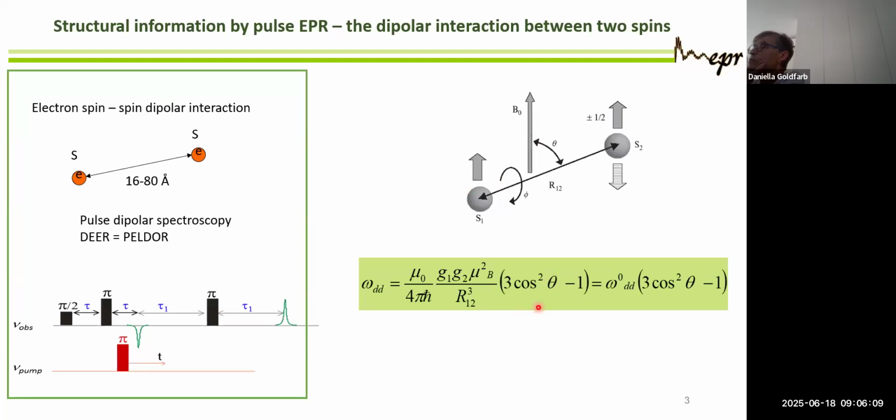Normally, if we work in frozen solution, all theta angles are possible. We know how to deal with it, and you can extract the distance. This has been very useful, and I think it gave EPR a lot of publicity in the last 15 years.